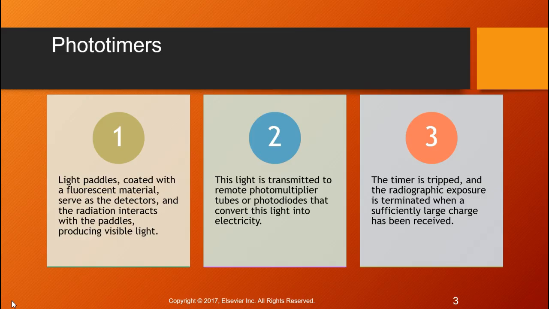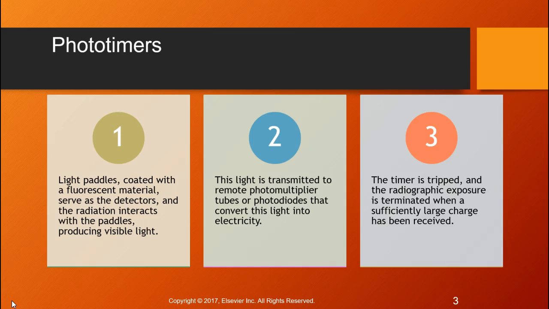Okay, the first type, the photo timers, they use light paddles. Those light paddles are coated with a fluorescent material, and they serve as detectors. And you've seen this type of engineering before in your IRs, okay? Same type of thing. The radiation interacts with the paddles. It produces a visible light.